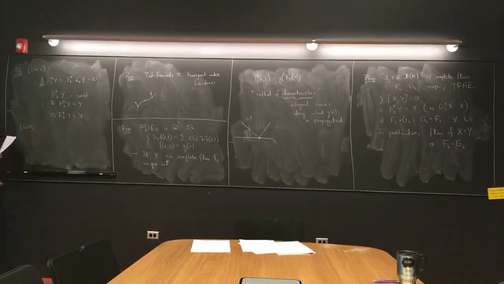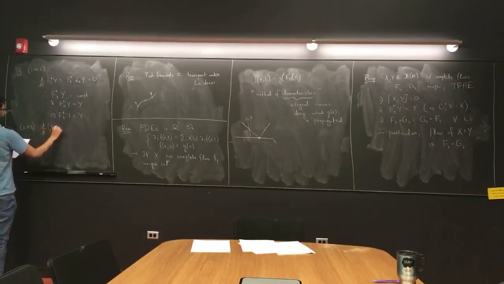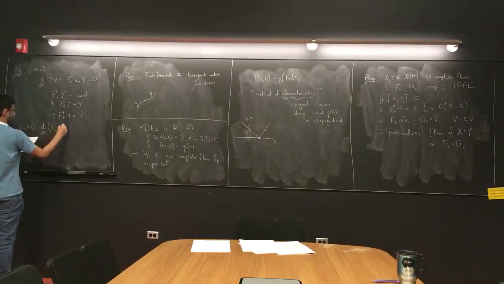And then we prove 2 implies 3. So we have d/dt of f_t composed with g_t of p. We'll prove this for t equals s, but it's very easy to generalize to general variables.